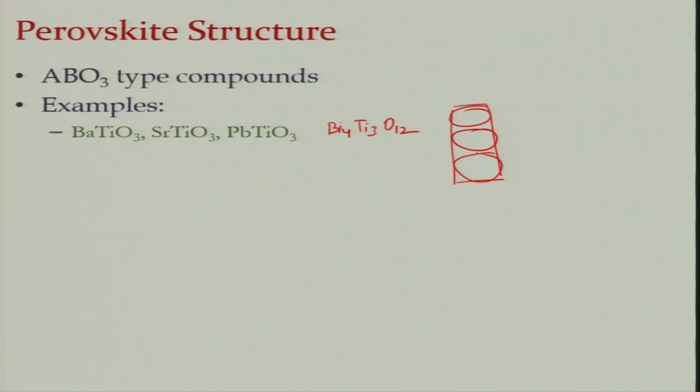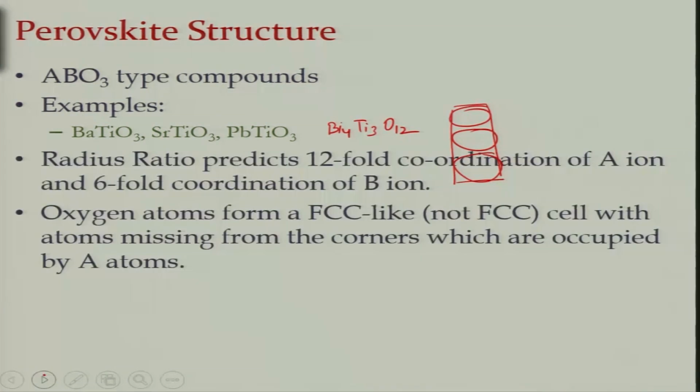So it might have multiple units of perovskites. These are very important materials because many of the perovskites are dielectrics and ferroelectrics and piezoelectrics. The radius ratio is such that the A atom is bigger. As a result, the A atom is 12-fold coordinated, which means it is a cubic coordination, and then the B atom is 6-fold or octahedrally coordinated in this case.